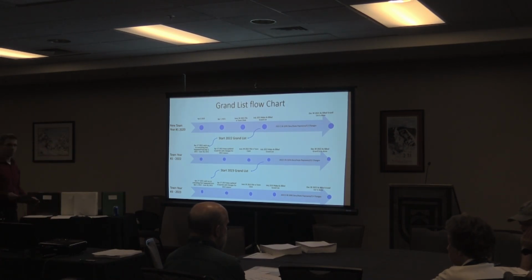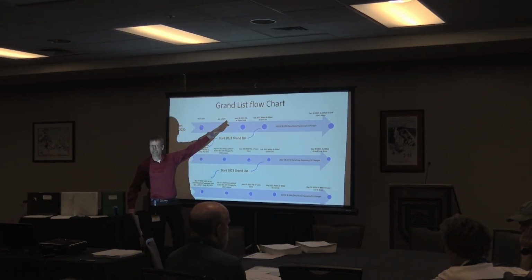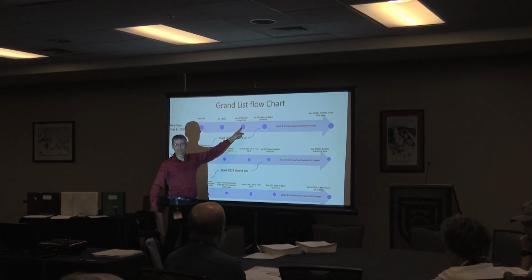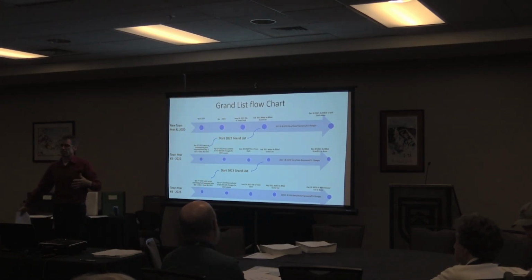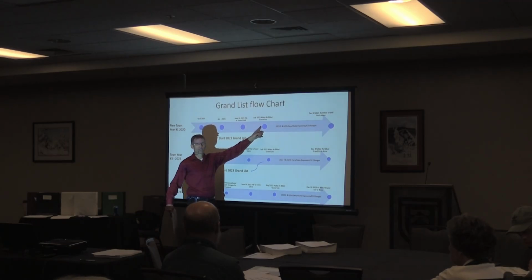Make sense? Then we're going to go through our grievance hearings. I didn't write down every little nickel and dime thing. We're going to file a grand list with the town clerk. And that's what we're going to use to set tax rates and send tax bills out on. In July, we're going to make a new as-built grand list.